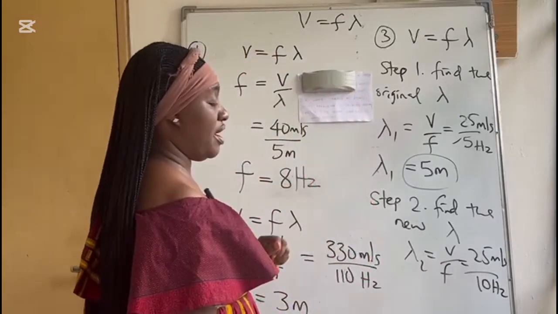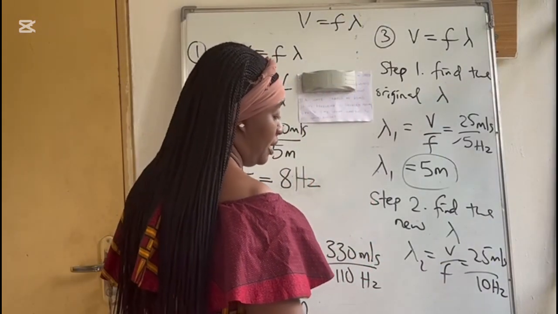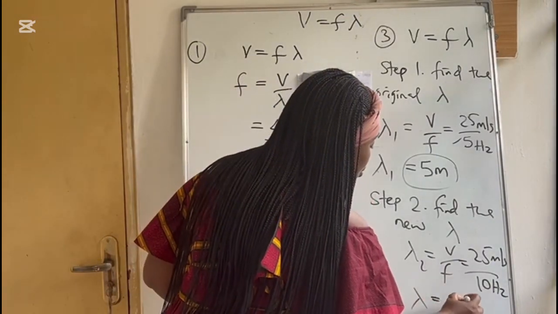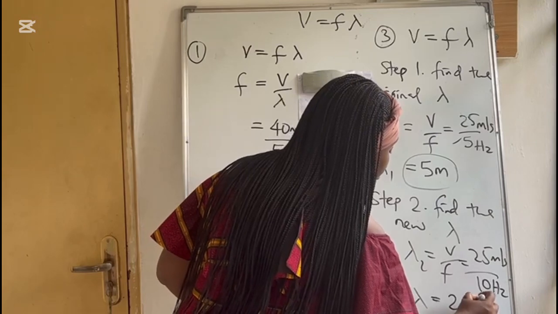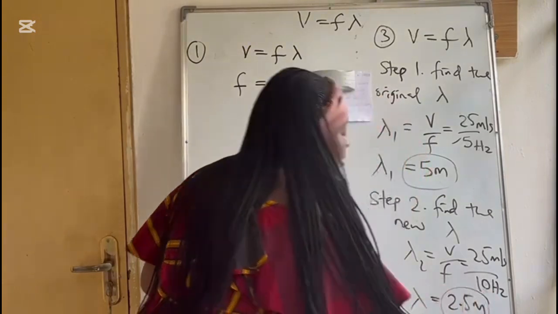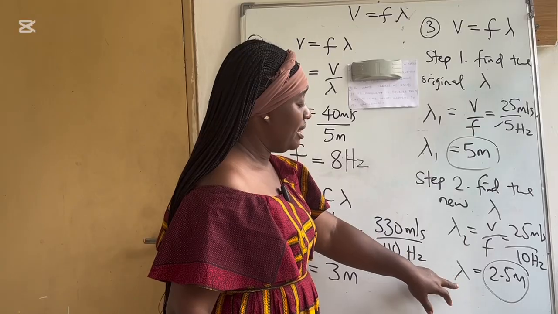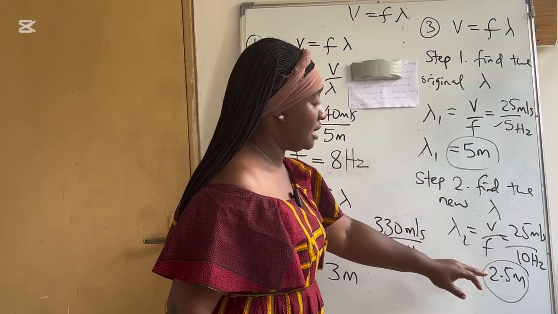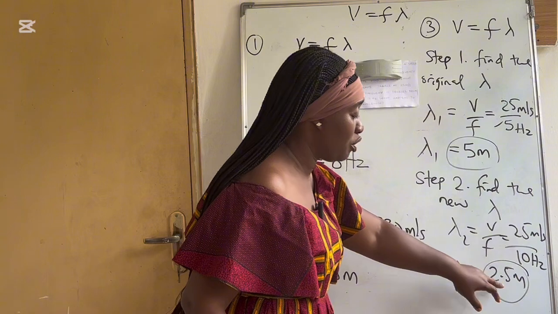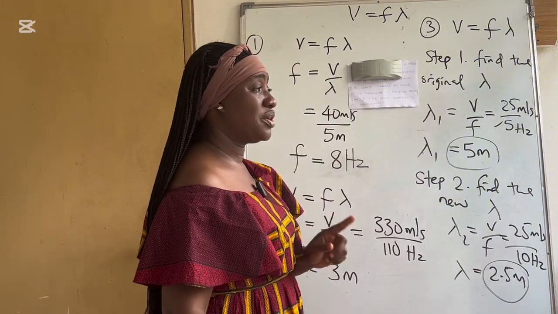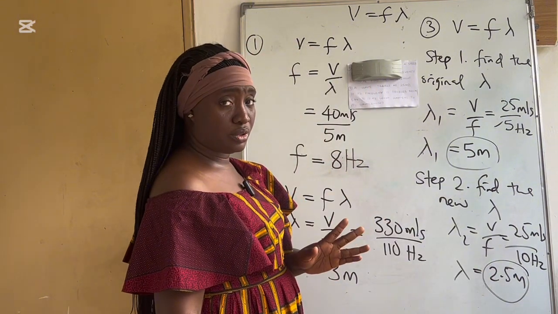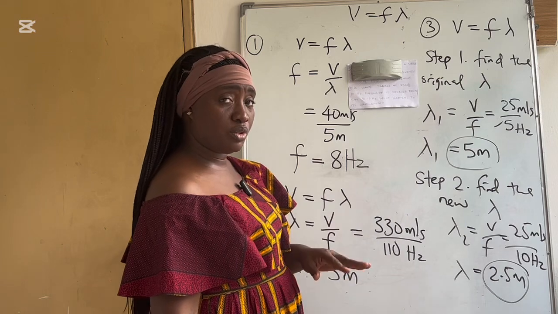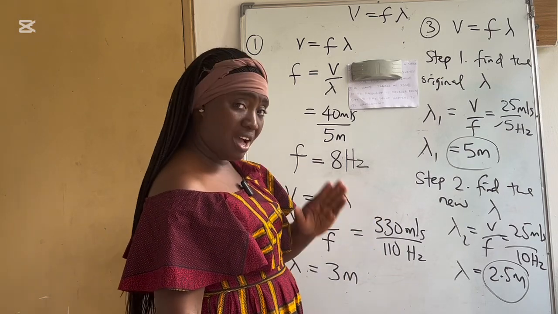When you divide 25 by 10, you should have 2.5 meters. So, did you notice any difference? When the frequency doubled, the wavelength is halved, that is from 5 meters to 2.5 meters. So when frequency doubles, our wavelength is halved.